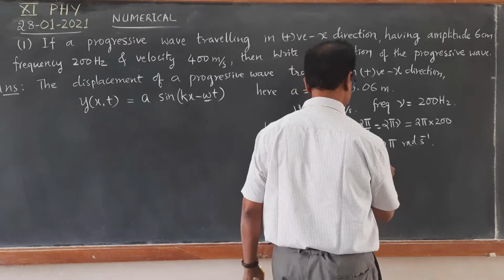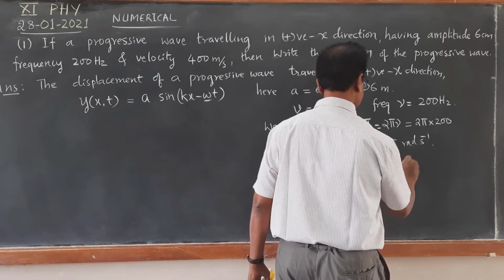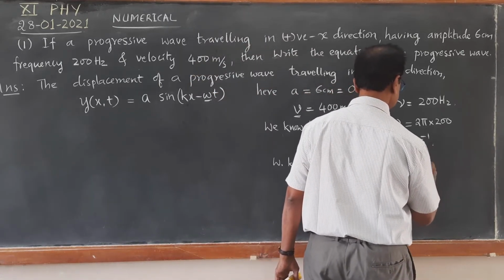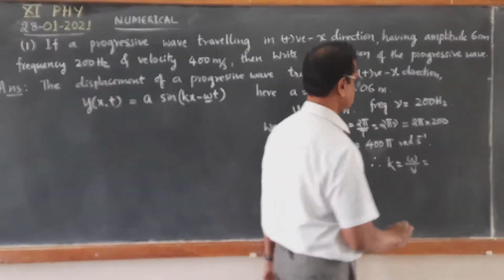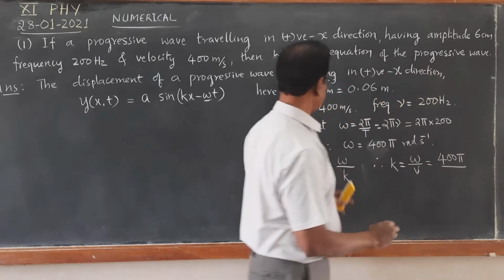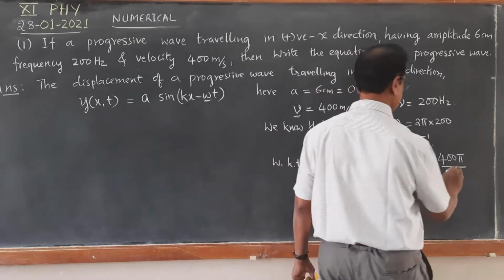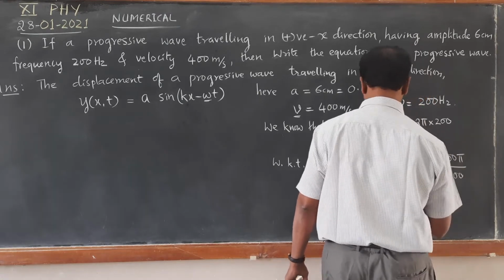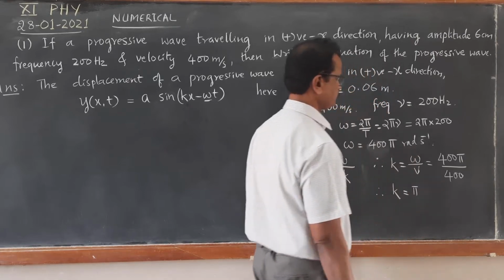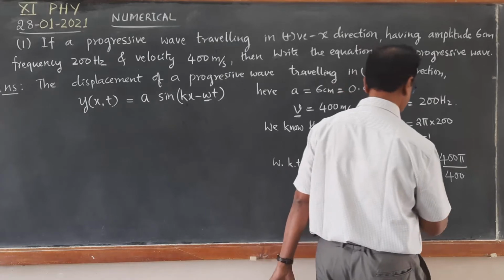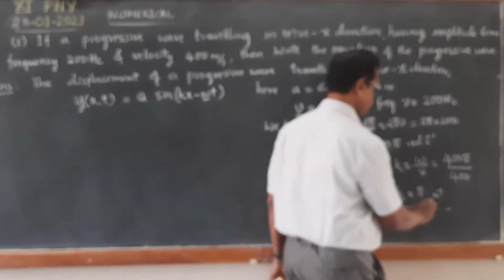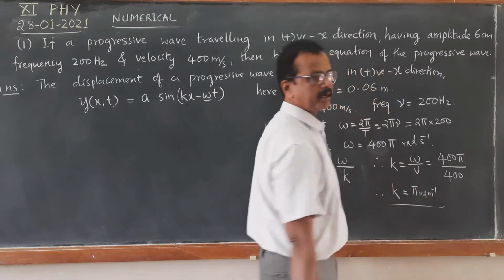Therefore k is equal to omega by v. Omega is 400 pi and velocity is 400 meter per second. Thus the angular wave number becomes pi, as 400 cancels, pi radians per meter.